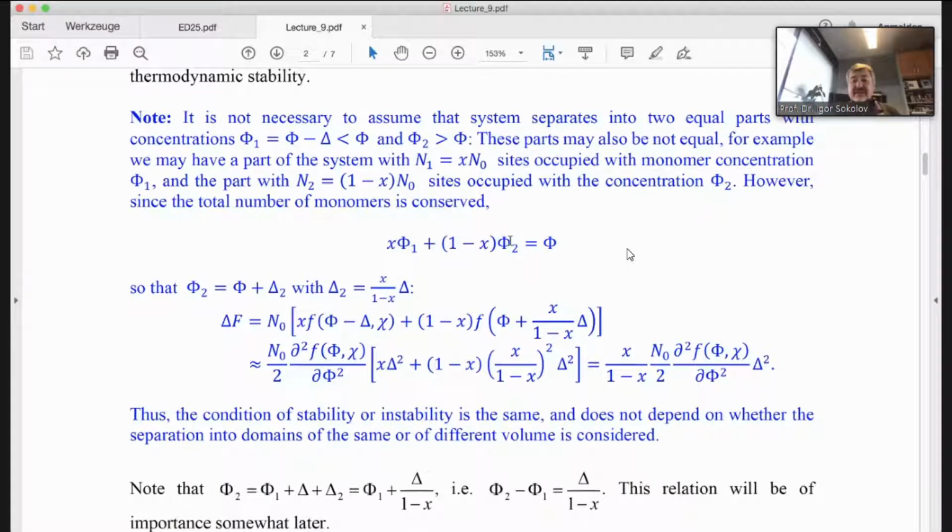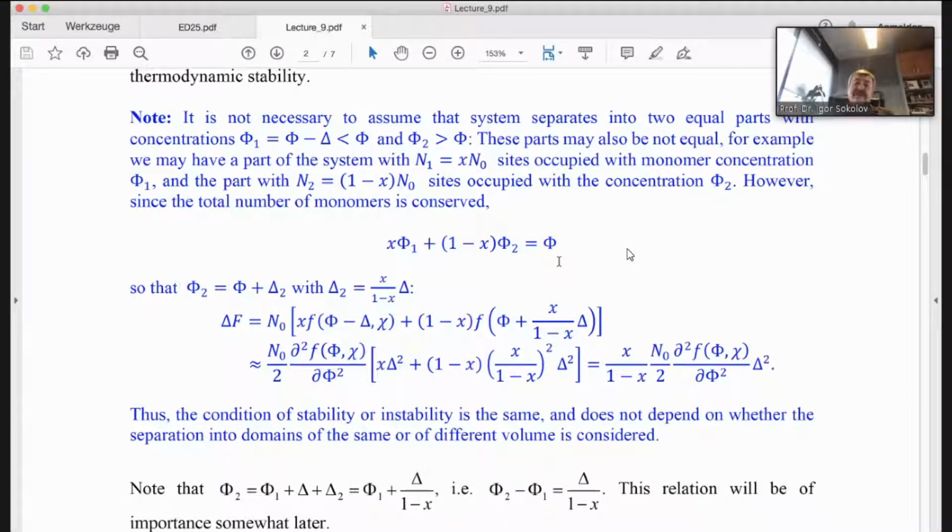This is the conservation. Let's assume that the concentration of monomers in one part of the vessel is phi1 and in the other part of the vessel is phi2. Then I have this total conservation law. This is the conservation of the total number of particles.